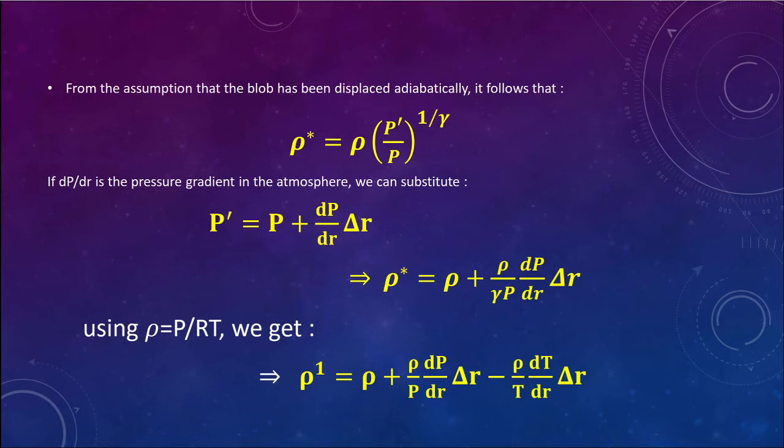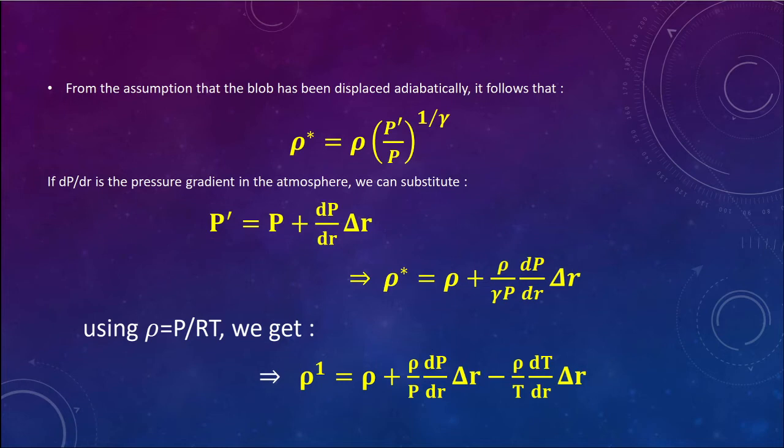If dP/dr is the pressure gradient in the atmosphere, that is, how the pressure changes with variation in r, then we can substitute P dash equal to P plus (dP/dr) delta r. By this we get a binomial expression, which when we expand and drop the insignificant terms gives rho star equal to rho plus (rho by gamma P)(dP/dr) delta r.